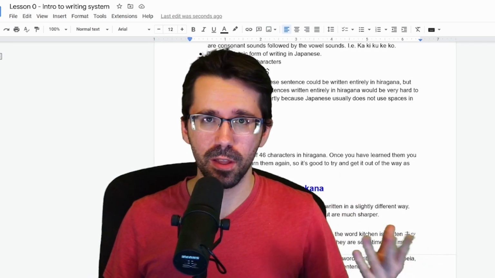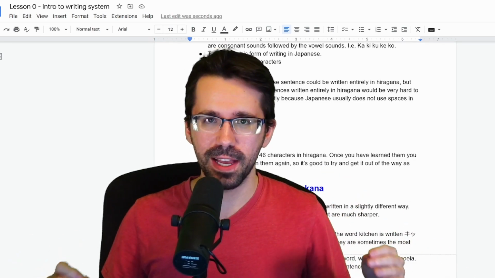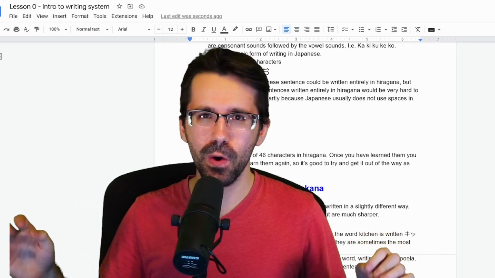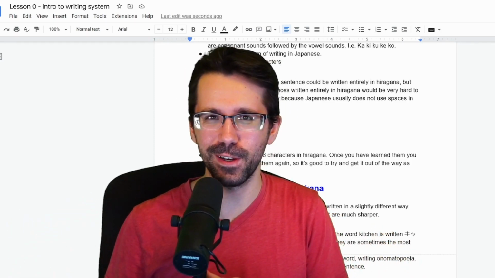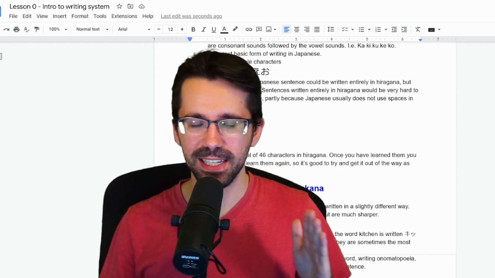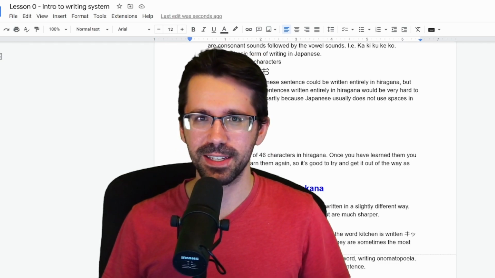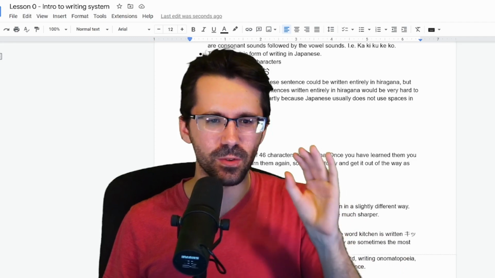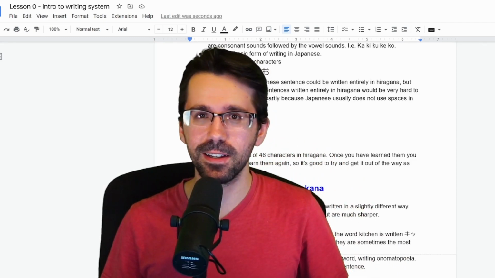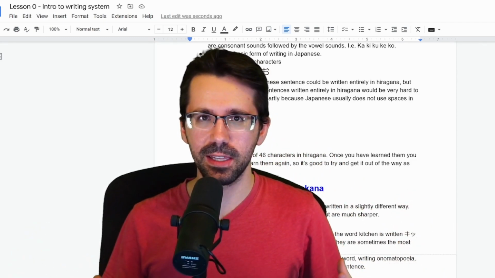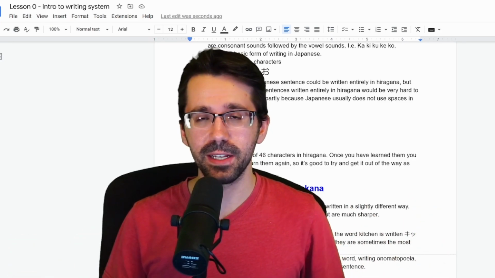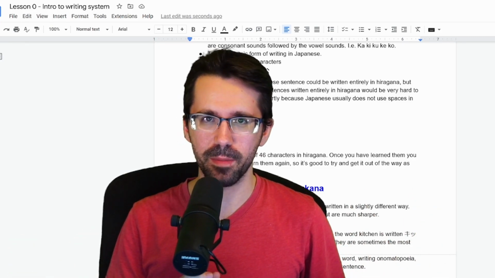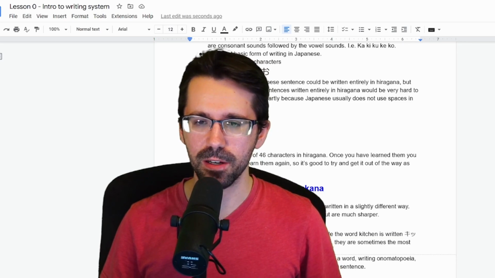You could learn that ringo means apple and learn that R-I-N-G-O, but you're really not doing yourself any favors by doing that. It's going to be a lot better if you learn that the word ringo is ri-n-go using hiragana characters. That way you're seeing these words and you're learning them in a way that they can be written in Japanese using the actual hiragana characters.